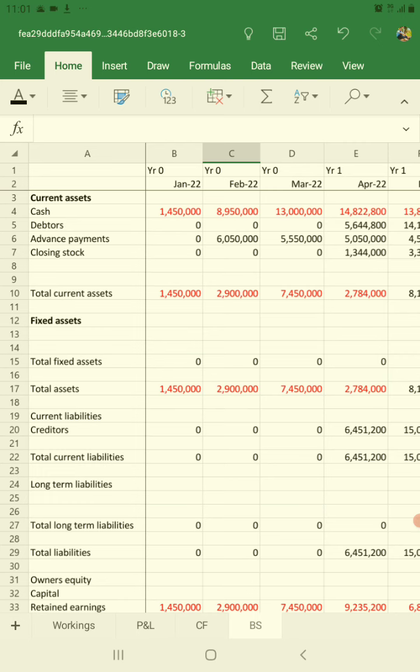So we are going to model the bank overdraft on the balance sheet side, so that we don't have the negative numbers here in cash.